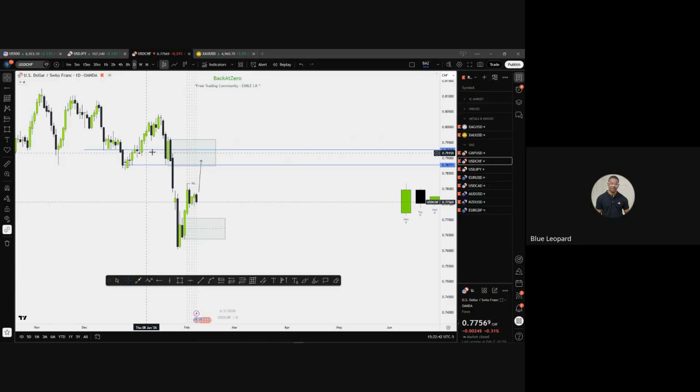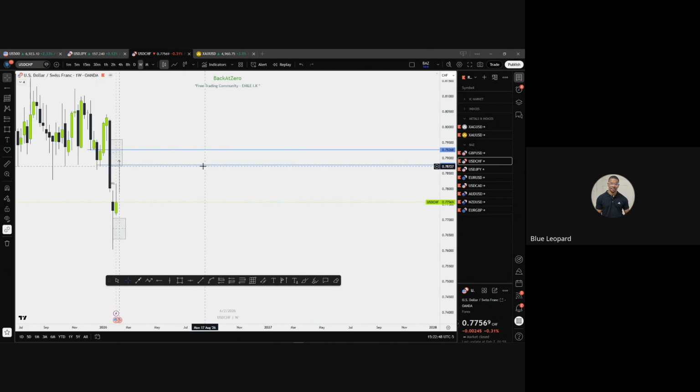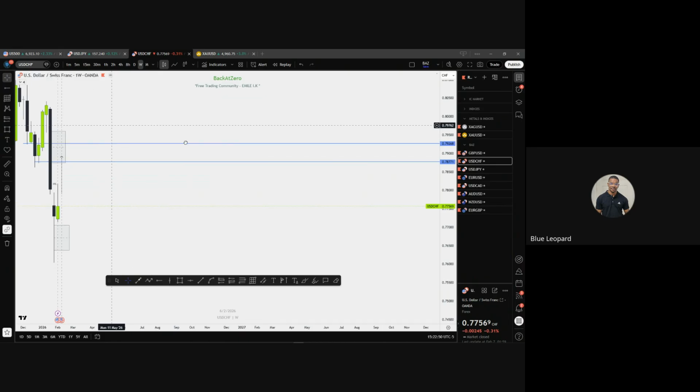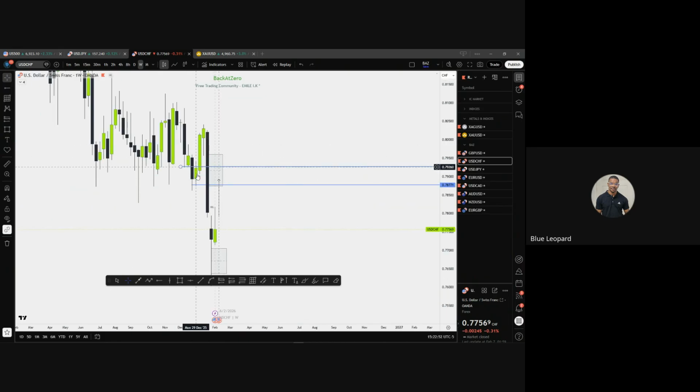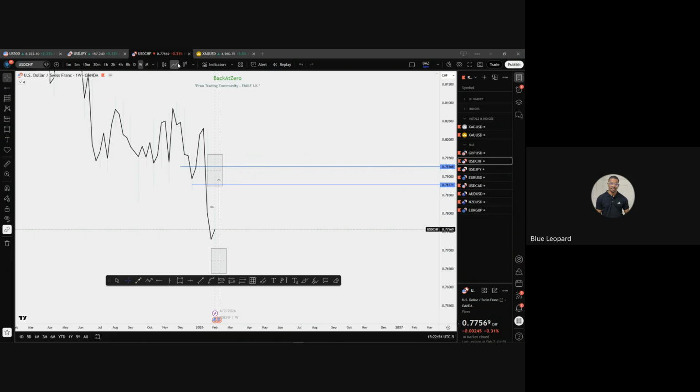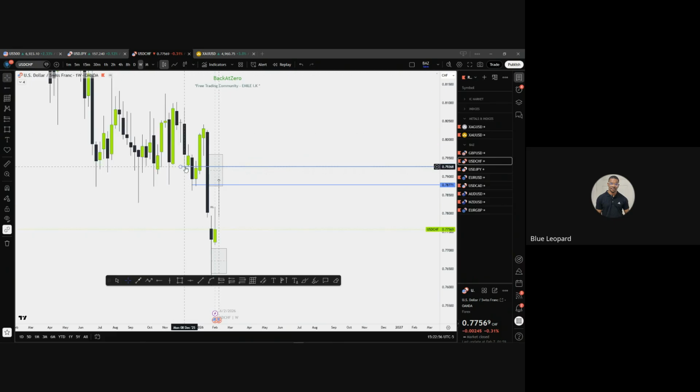This monthly key level will match with a weekly. If it does, yeah, we have a weekly here that is very strong because it's the open close here. A market opened, closed, and opened again.